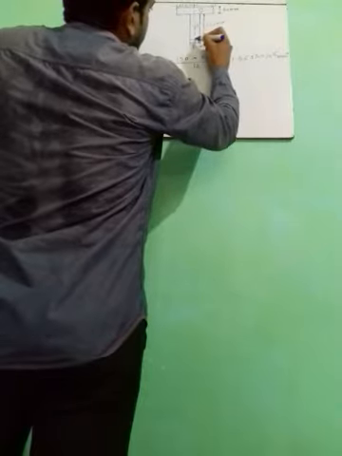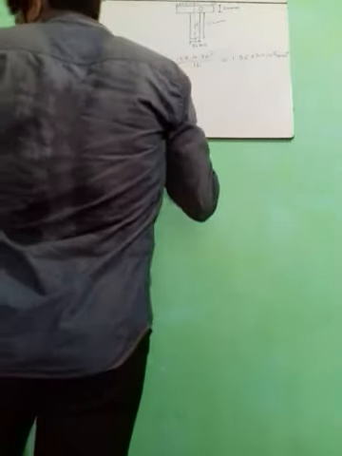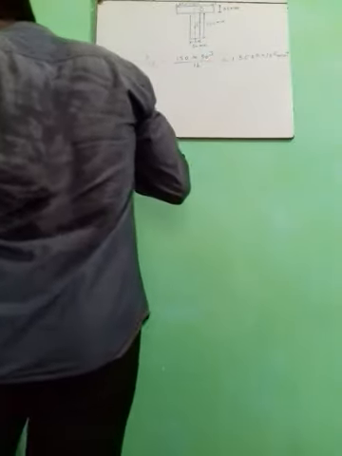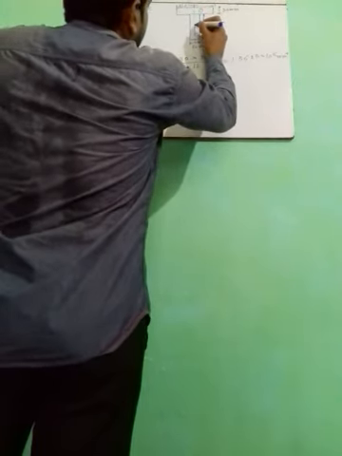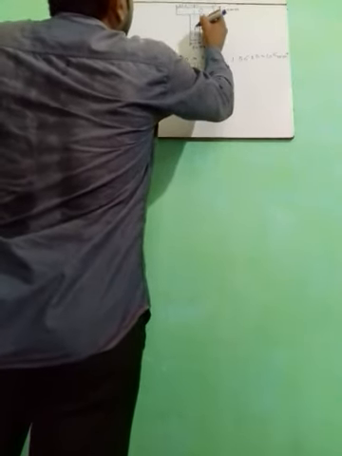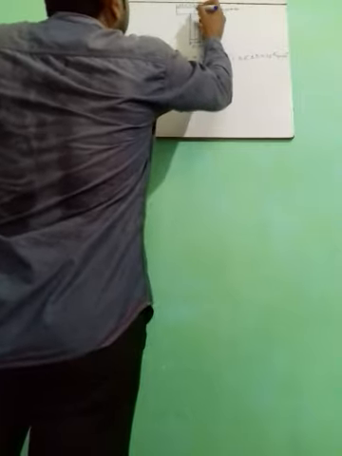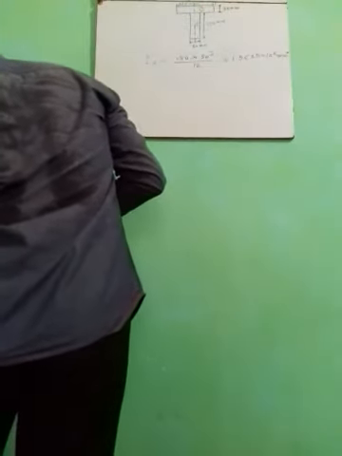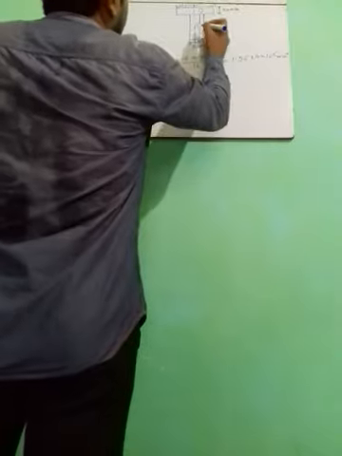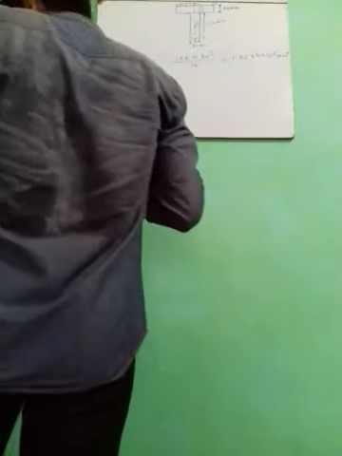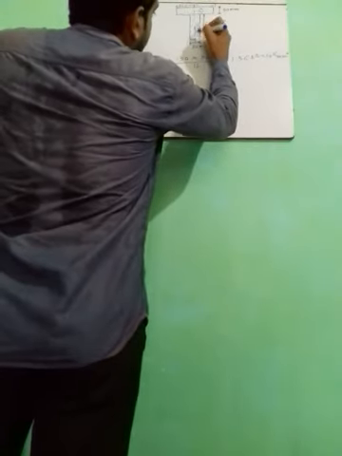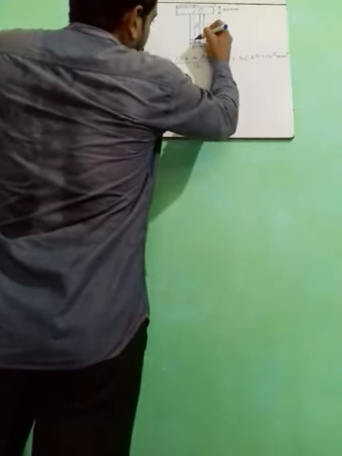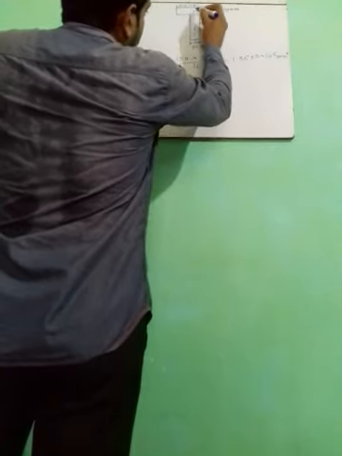The distance from this line to this line is 175, as we calculated earlier, and the distance of the CG from this line is 125.